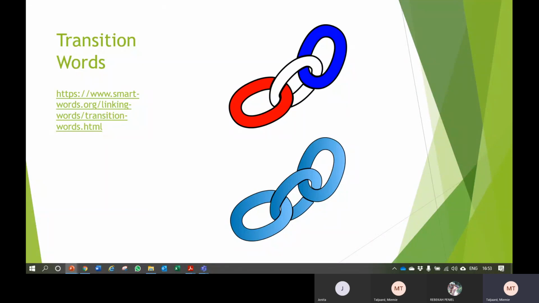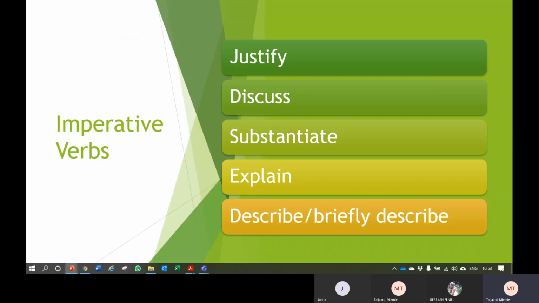Now, remember I said that in all of these that we spoke about now, justify, you say, I have the characteristics of a good social worker, and you can give the reasons. Discuss, you can look at more than one facet of the same event or occurrence or concept.